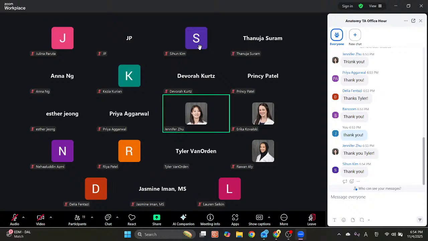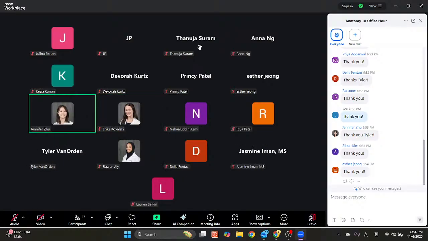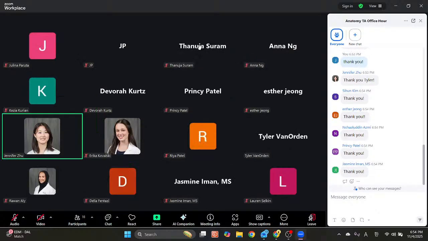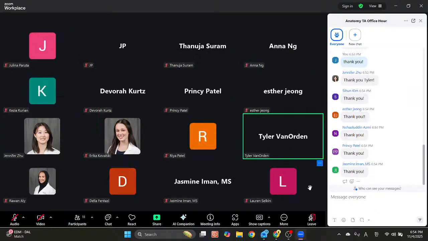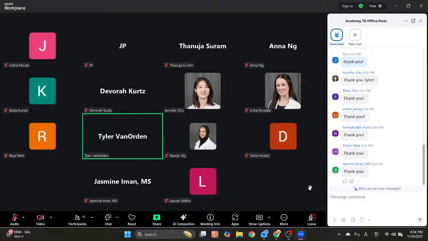Hi, Tyler. I have a quick question about the muscles in the abdomen where they mentioned something about leaflets. Where are those exactly located? Are you talking about the median, lateral, umbilical, or I'm not sure what the leaflets are.